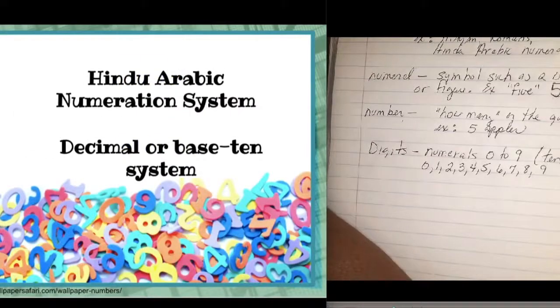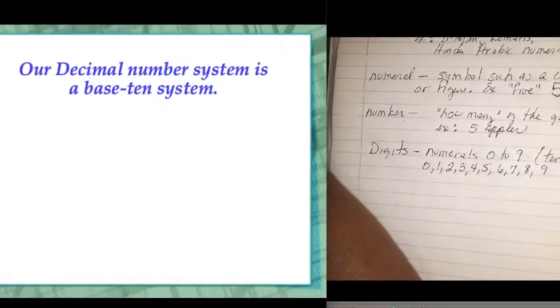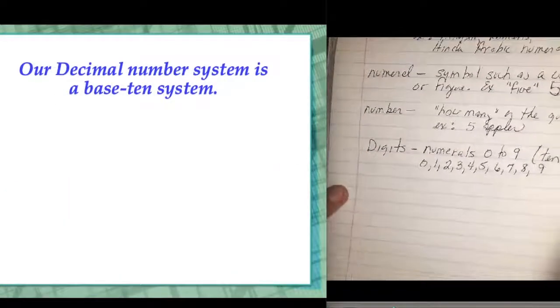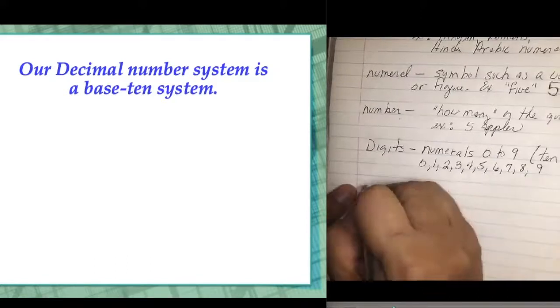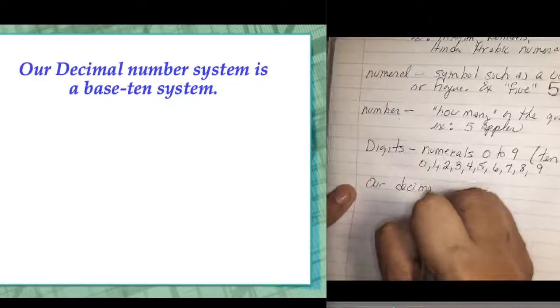Okay, so the Hindu-Arabic numeration system is also called the decimal system or the base 10 system. We're going to look at these two terms. Let's go ahead and write this sentence. Our decimal number system is a base 10 system. Notice how they're using the vocabulary here.